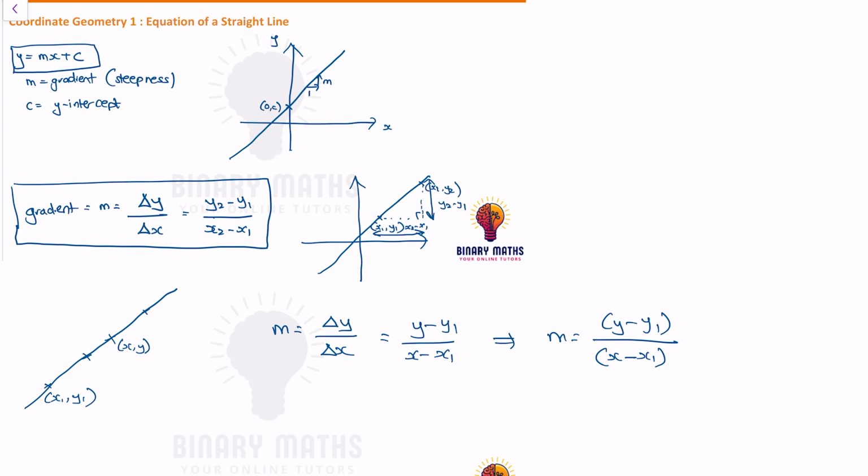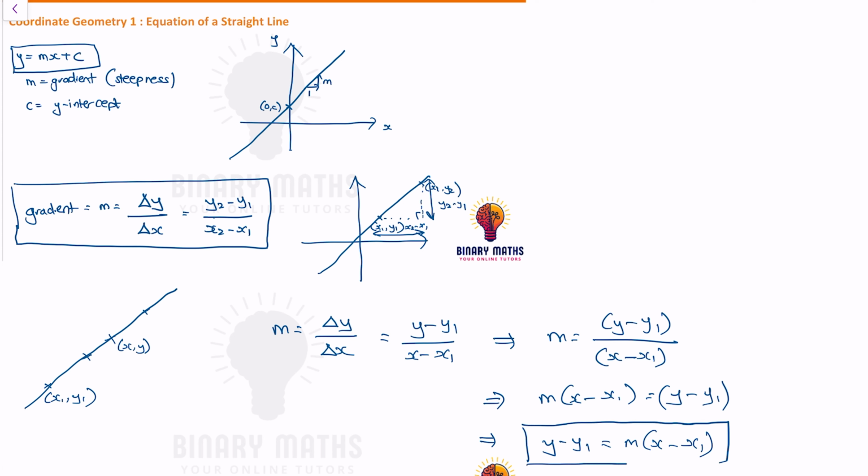If I rearrange it, I get m times (x minus x1) is equal to y minus y1. If I change the sides, I end up getting y minus y1 is equal to m times (x minus x1). Now this is the second equation of a line that you need to know.